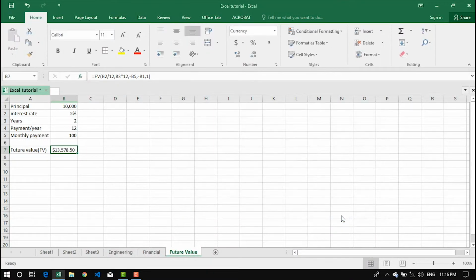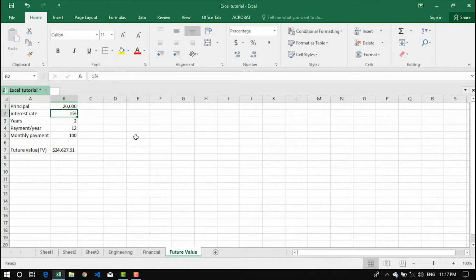And okay, so it shows that the future value of $13,578. You can also change the inputs if you want and arrive at an updated result. If I'm going to increase my principal amount to $20,000, I would have this change reflected in the future value.